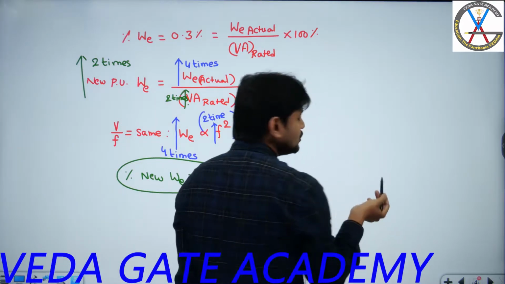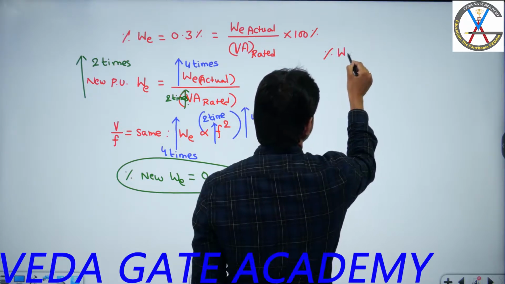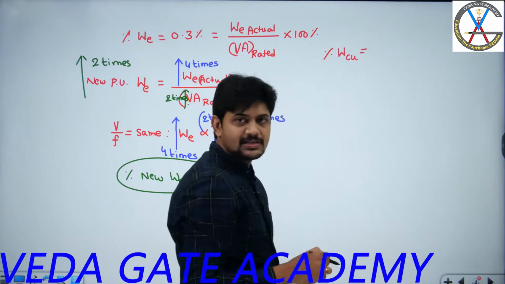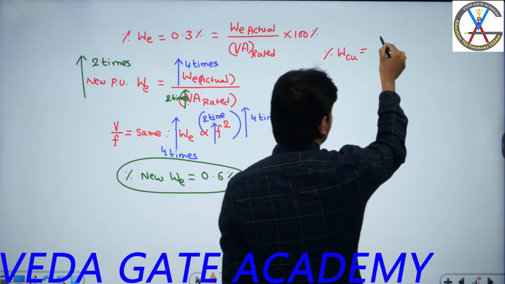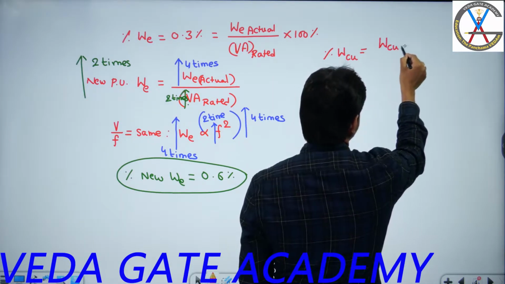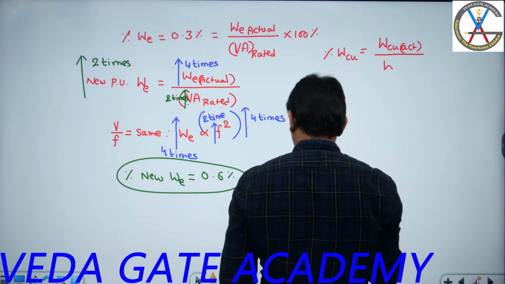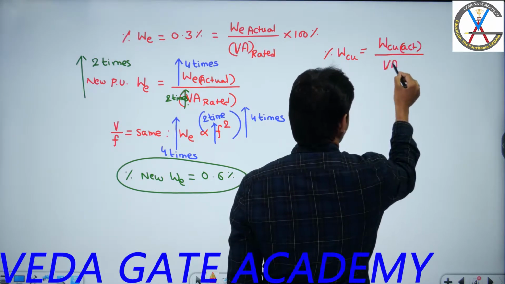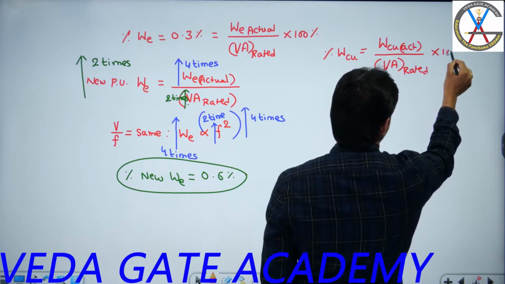Now let us try to make a comment on the last one, percentage copper losses. Percentage copper losses means per unit copper losses into 100. Per unit quantity means actual copper losses divided by base power, volt ampere power, into 100 will give you the percentage value, right?